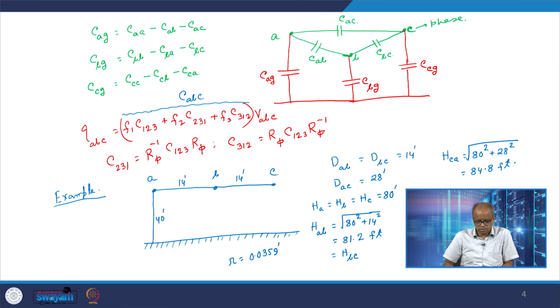So here what we have done, we have shown that given the geometrical configuration of any transmission line, I mean when we are talking about the geometrical configuration, it means what is the distance between the conductors and what is the distance of all the conductors from ground and so on.